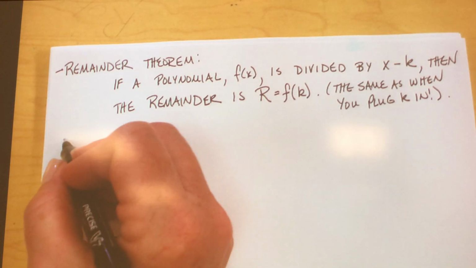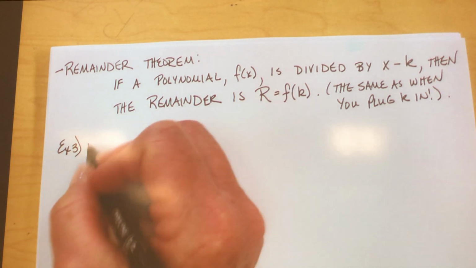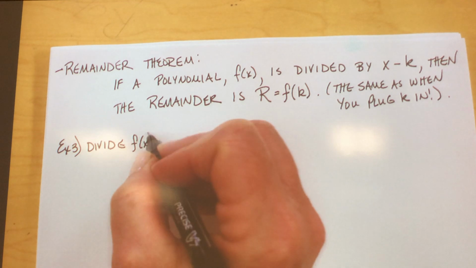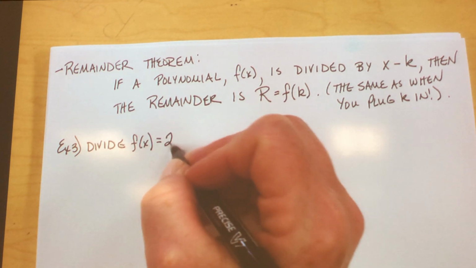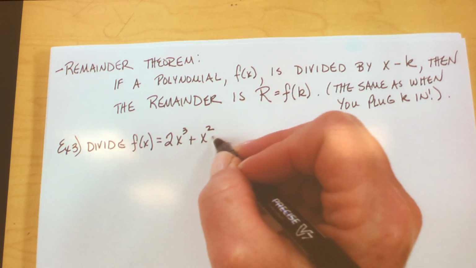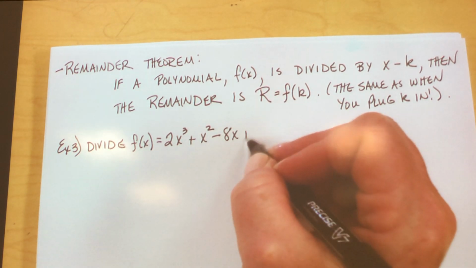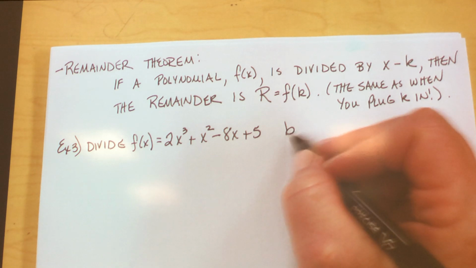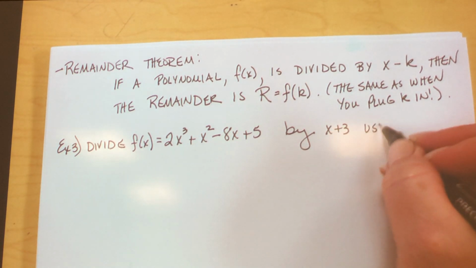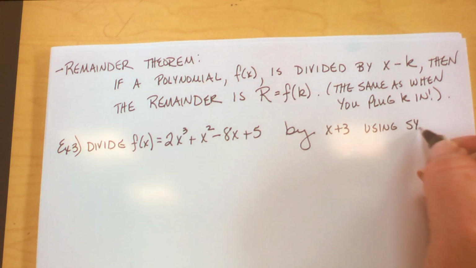Example 3. Divide f of x is equal to 2x to the third plus x squared minus 8x plus 5 by x plus 3 using synthetic division.